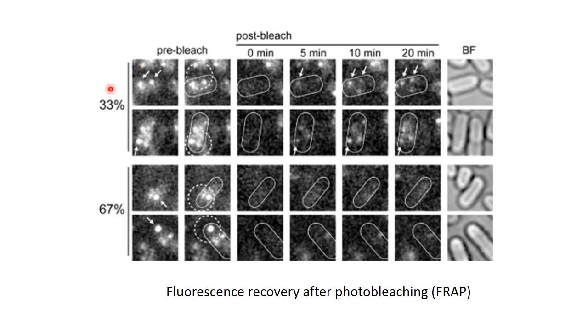This is a representation of an experiment taken from a paper. In this panel, you can see the image taken from a fluorescent microscope, and it is representing the proteins which are concentrated in these regions of the cell. This oval shaped structure is representing the place where the cell is present, and this dotted circle shows the area which is bleached.